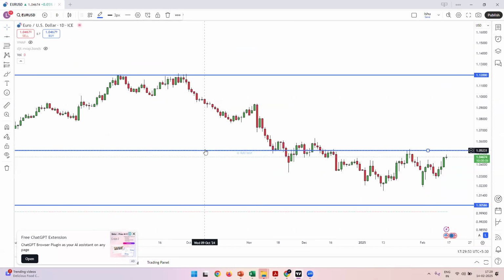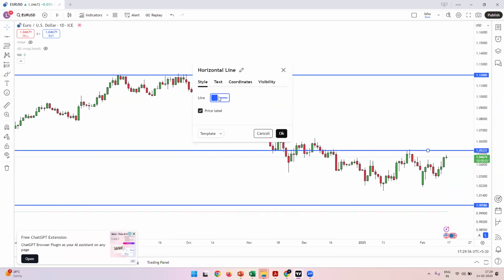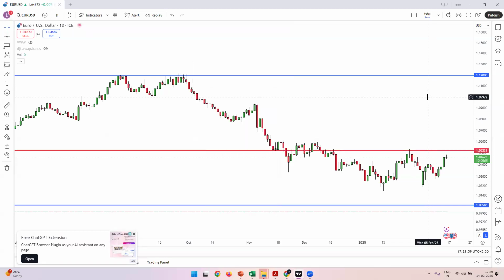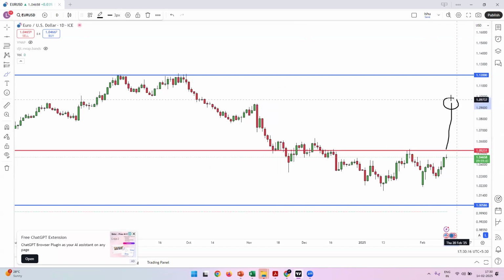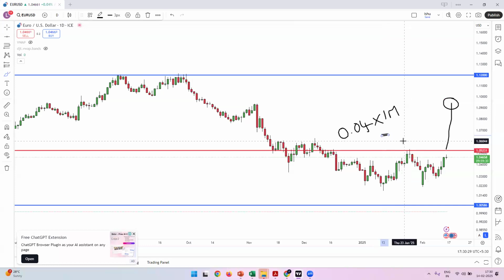Okay, so let us change the color of this. You'll get a clear understanding. By 30th June, if the price of this particular call option goes to 1.09, then 0.04, that is 4 cents into 1 million, will be received by the holder.